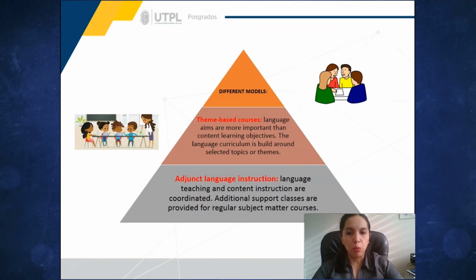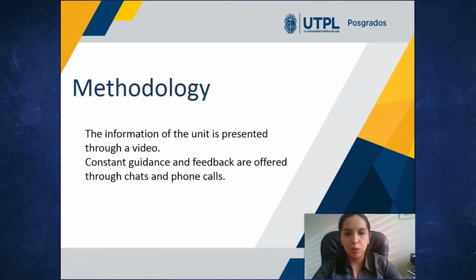They exploit both language and also content, but they have explicit language aims, which are typically more important than the content learning objectives. So this is about these different types of bilingual programs.